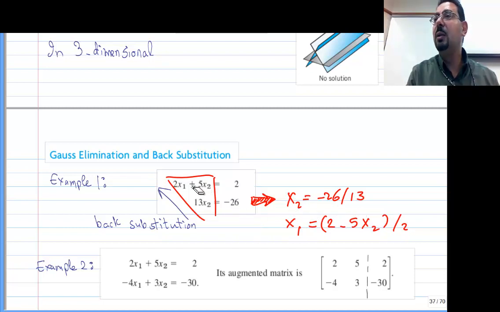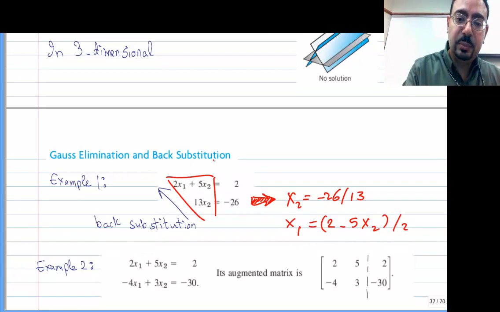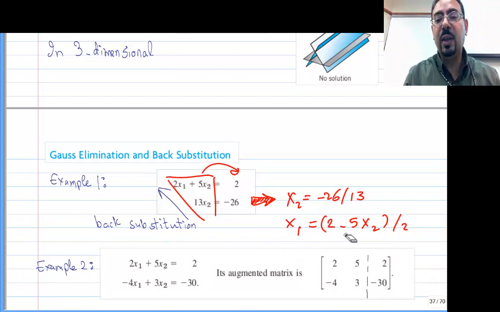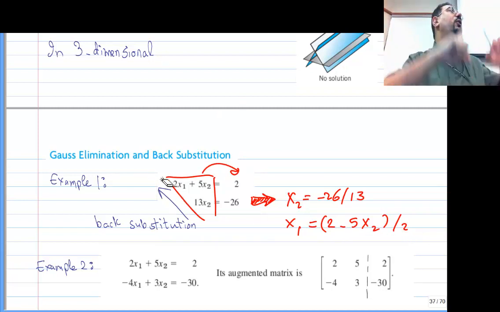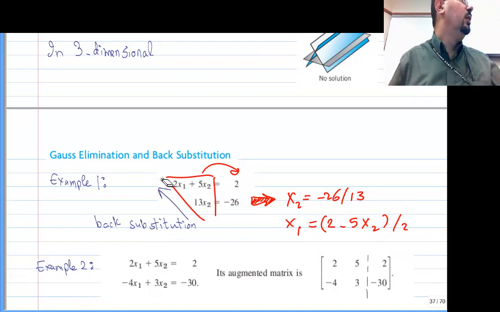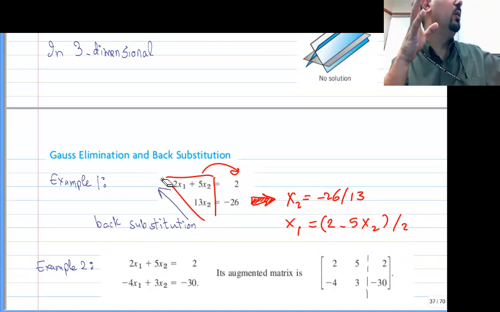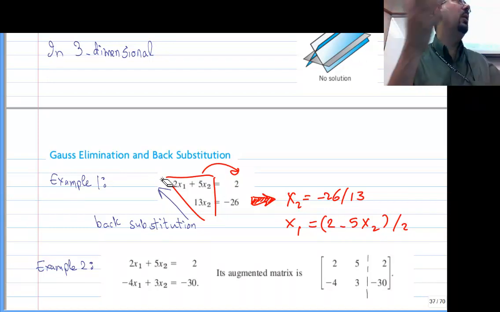And then you go back to the first one, knowing that you already have x2 in your hand, and x1 is 2 minus, I'm sending this over here, so it's 2 minus 5x2, divided by the 2. Not just 2 by 2. Imagine if you have 20 by 20, but the whole thing is upper triangular or lower triangular. You can solve them like this.